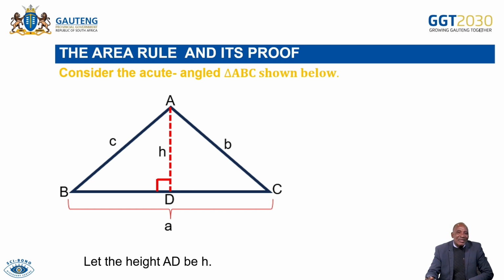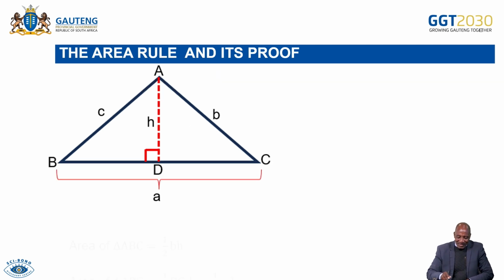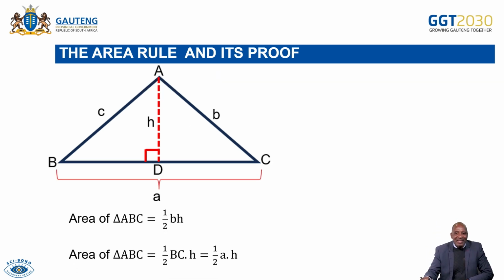So the area of your triangle is half base times height. Our base is BC, our height is H. Then we know our BC is A, so it's going to be half of A times H.